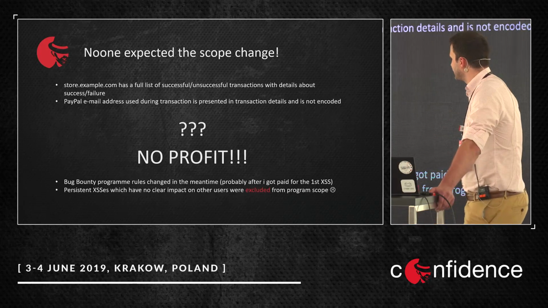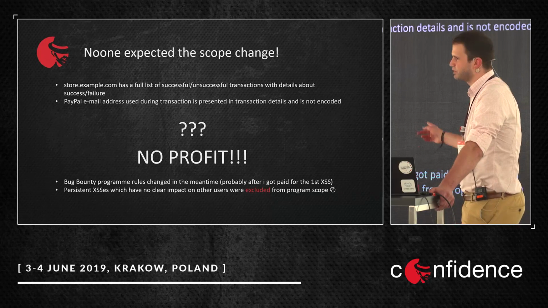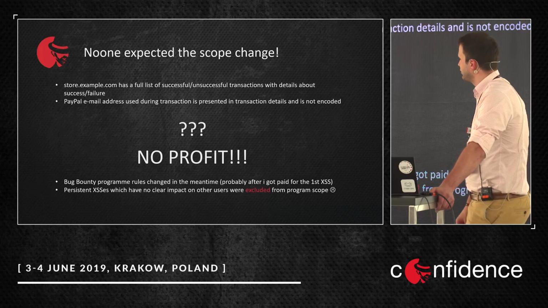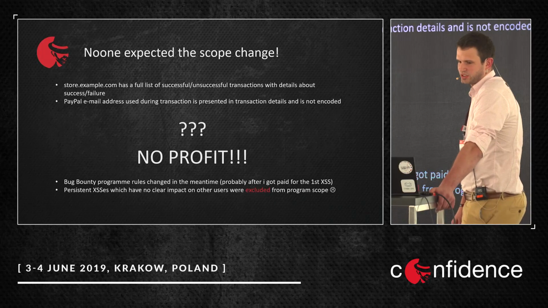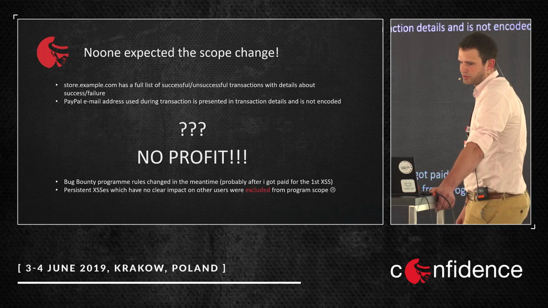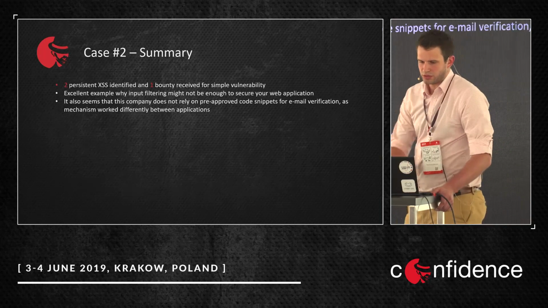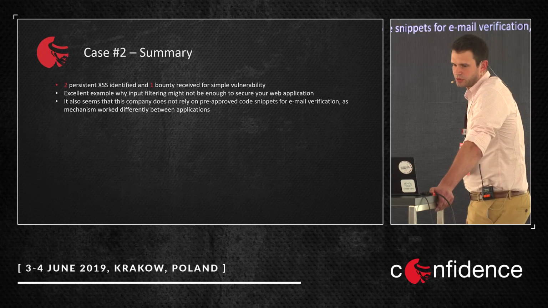However, in that case, it resulted in no profit, because I think that right after I reported the first vulnerability like that, the vendor decided to change the scope. They said that persistent cross-site scripting issues which have no clear impact on other users were excluded from the program scope. Still, that's an example of inter-application vulnerabilities.